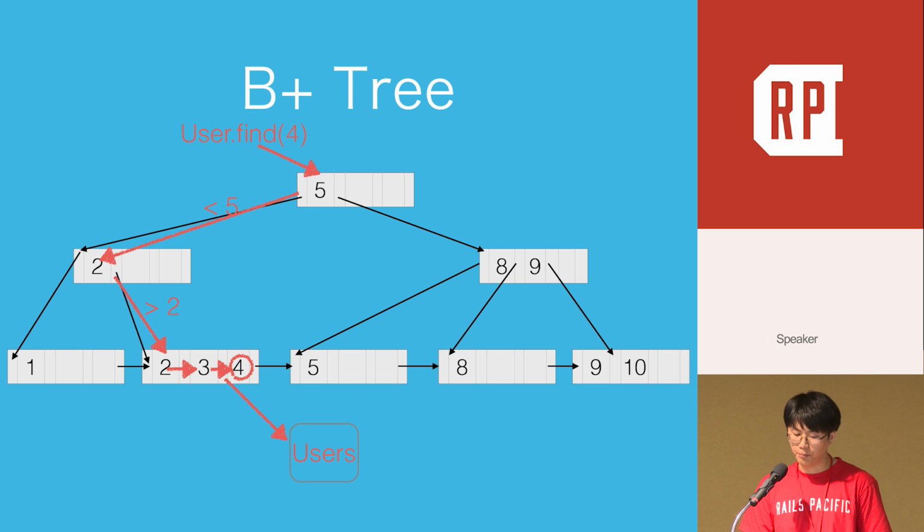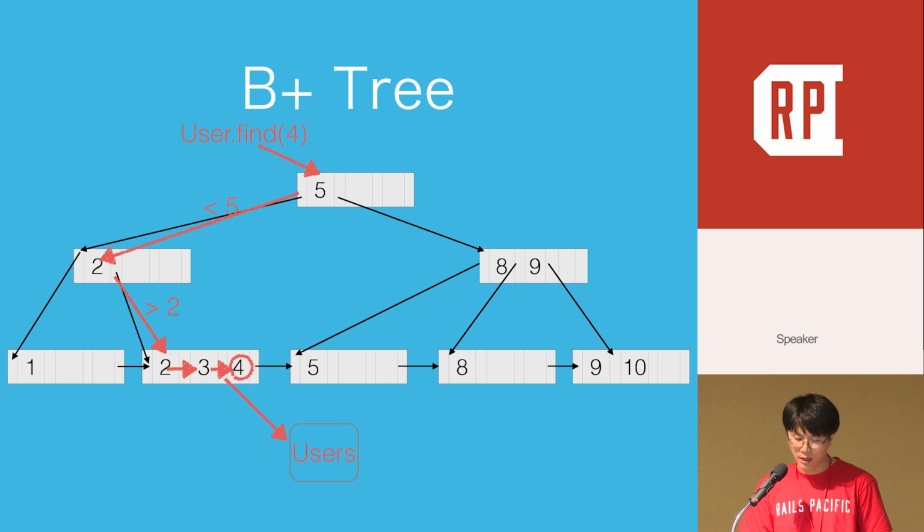So the algorithm complexity for a 4-degree tree is log base 2 of n, where n depends on how many records we have. For example, we have 8 here, so it takes 3 steps to get to the leaf nodes. We can choose another degree as you wish. For example, now we use 4, and we can use 6, 16, 100, 1000. It depends on the type of the indexed field.